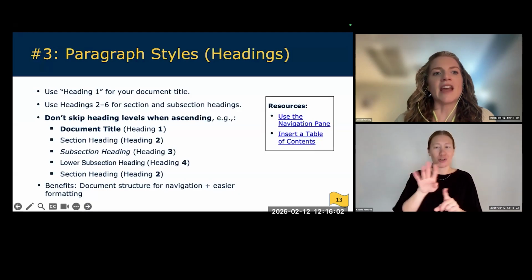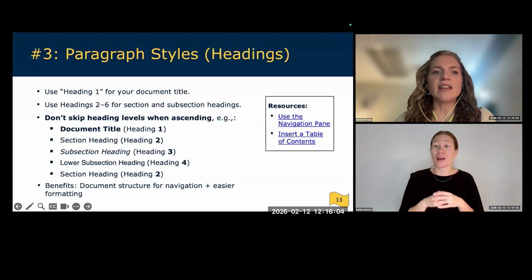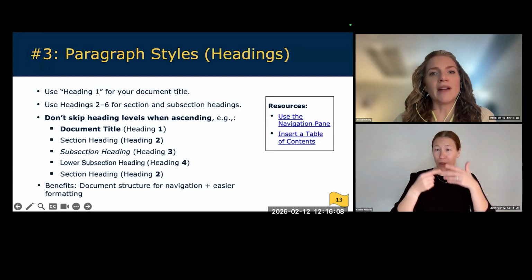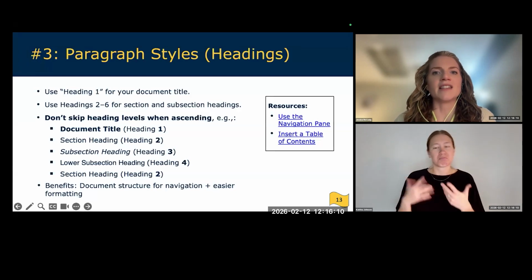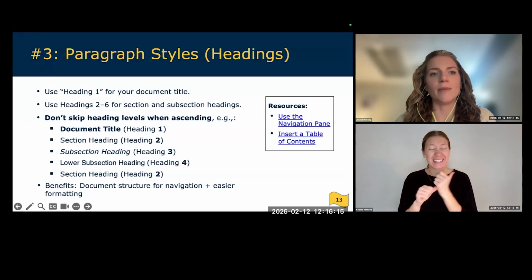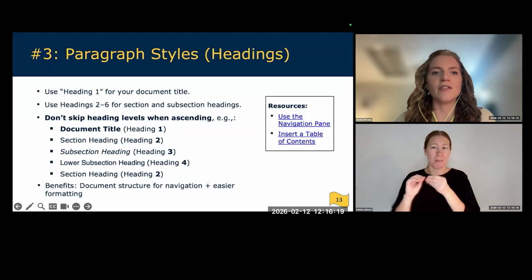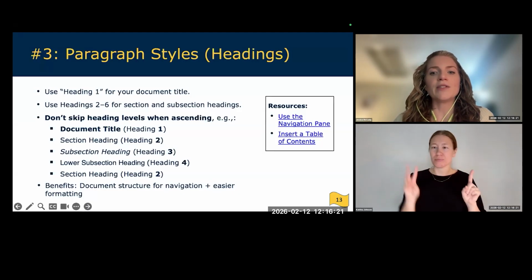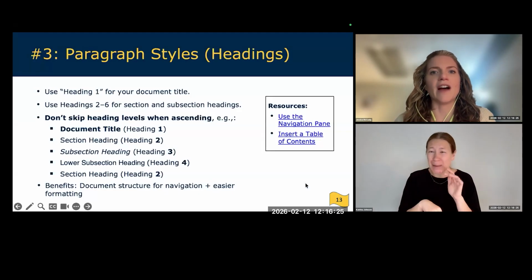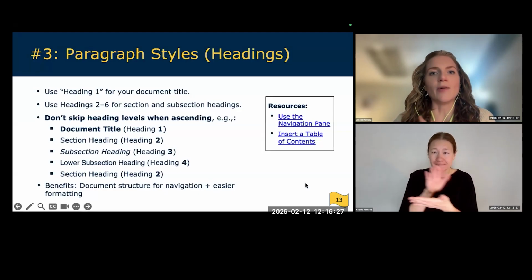Beyond that, you can use headings levels 2 through 6 for section and subsection headings. We don't recommend going beyond heading level 6 because, again, assistive technology does not reference headings higher than that reliably. So try to structure your documents so you don't need more than 6 heading levels. It's important to remember not to skip heading levels when you're inserting them in your file, and to keep them in ascending order.